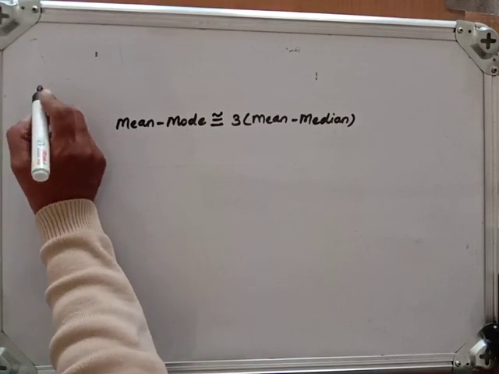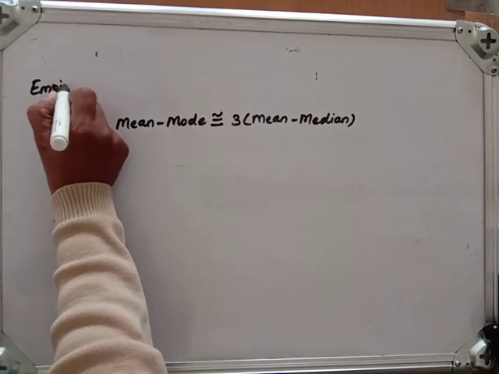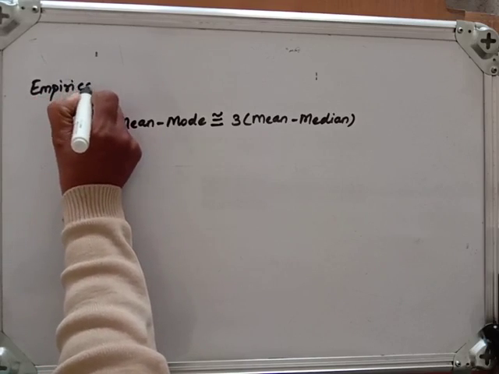This is the empirical relation. I need to revise it as it is given by Karl Pearson.